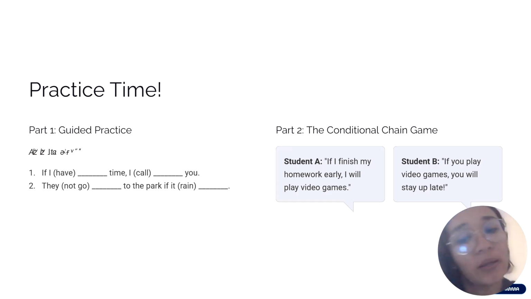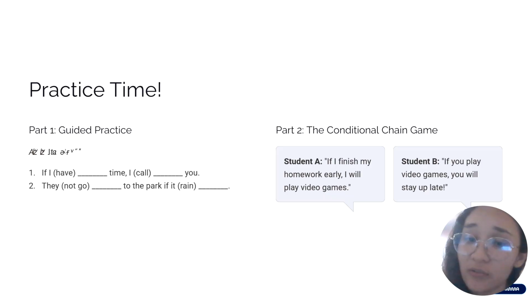Now for the while activity. In transition, moving students from guided practice to free communication, first we are going to do a quick fill in the blank practice to build confidence, and then we play the conditional chain game in pairs.